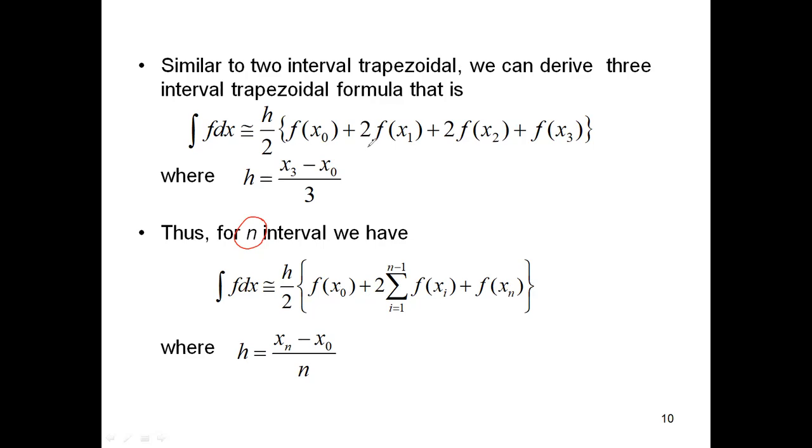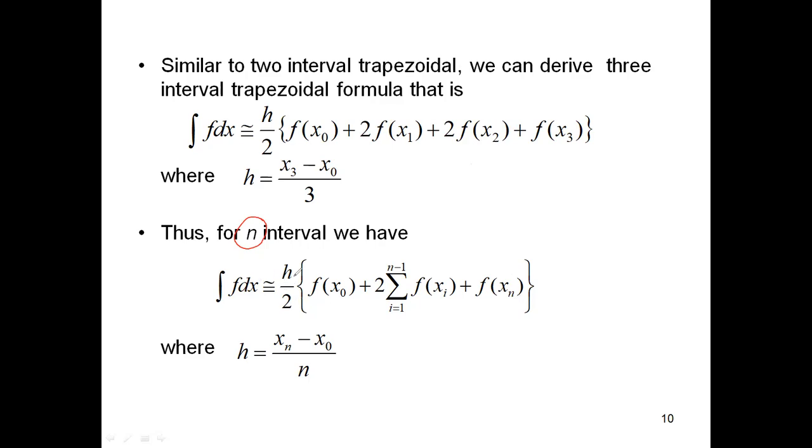Now, in the middle, you will have the terms multiplied by 2. So you will have 2f of x sub 1, 2f of x sub 2, x sub 3, x sub 4, until you reach f of x sub n minus 1. If n is 10, then you will have 2f of x sub 9 as the second to the last term, because your n is 10, meaning you had 10 divisions in your area under the curve of your function.